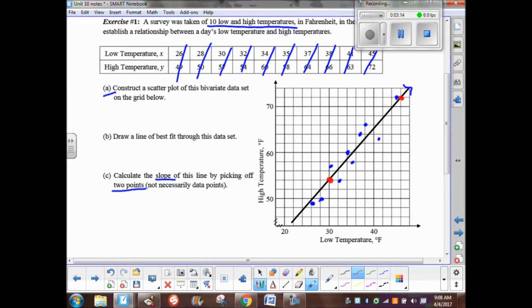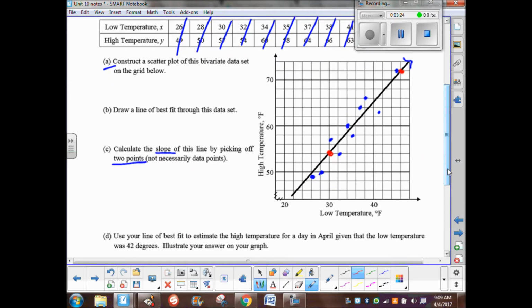Pick two points off of your line that you can figure out pretty easily. My two points are (30, 54) and (44, 72).